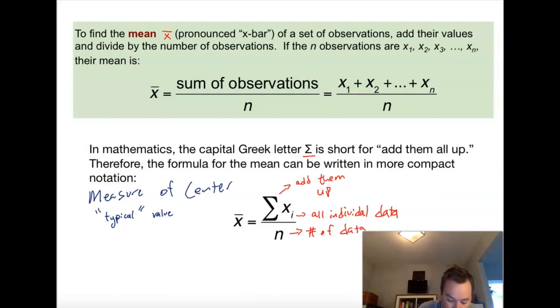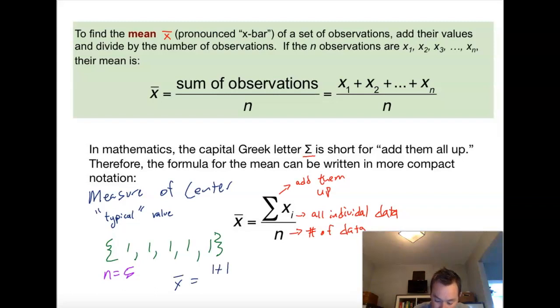Let's say we have 1, 1, 1, 1, 1. My data size is 5. If I were to find the mean of this, x bar would just be 1 plus 1 plus 1 plus 1 plus 1 divided by 5, which is 5 over 5, which is 1.